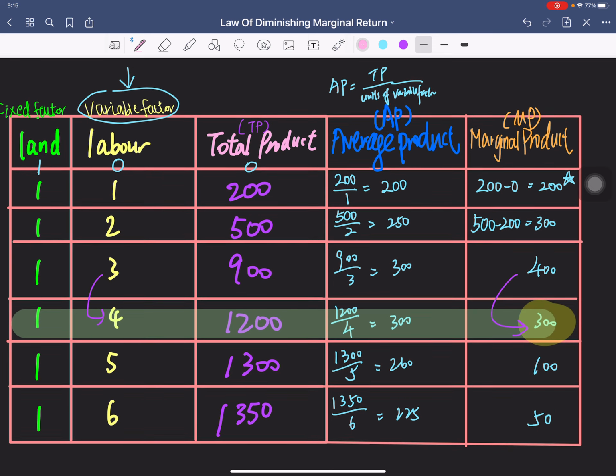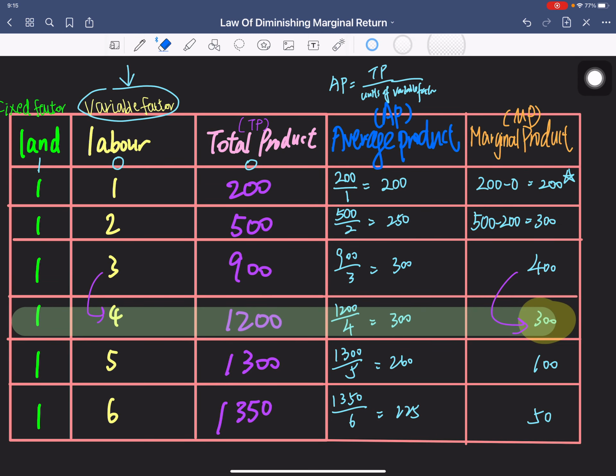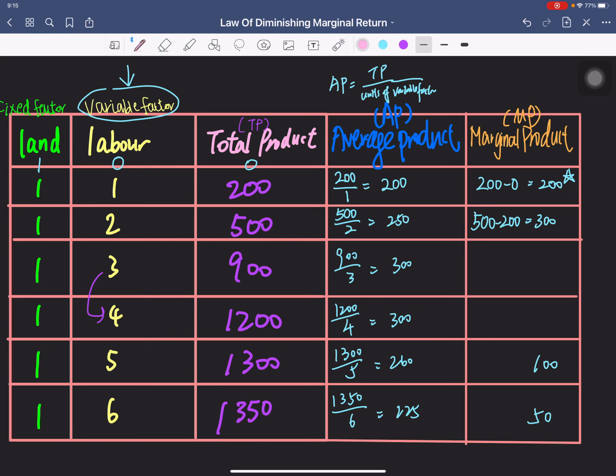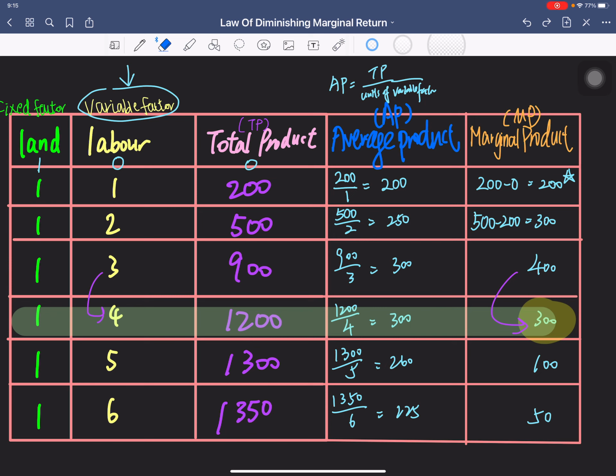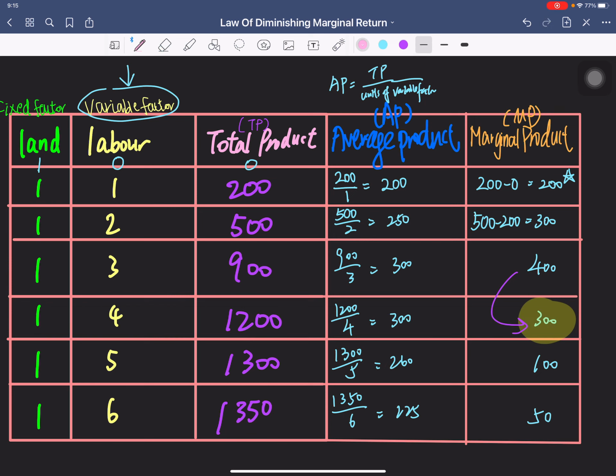Just to add a little bit more detail, sometimes it is likely that you're not given the total product at all.